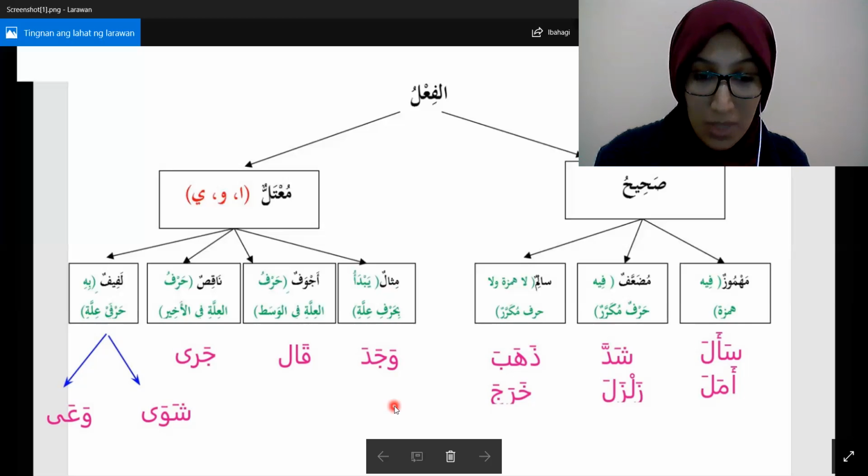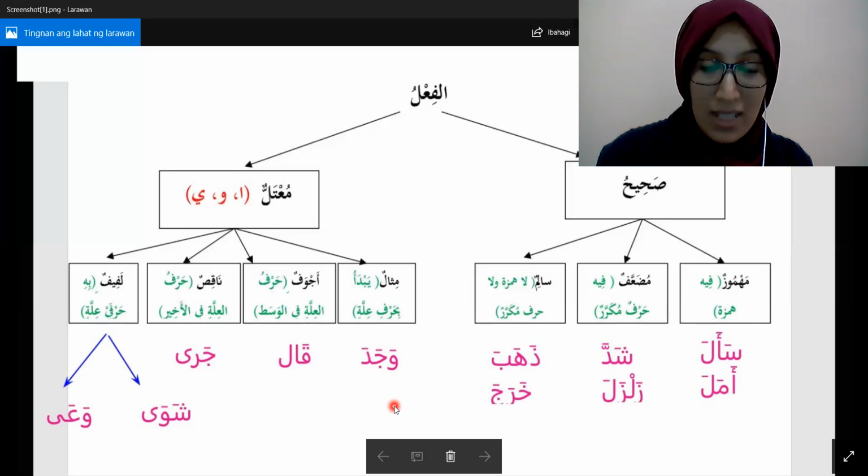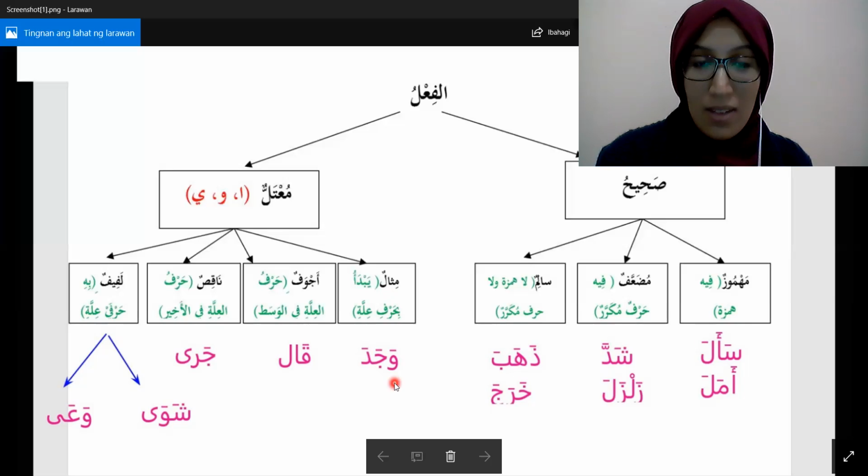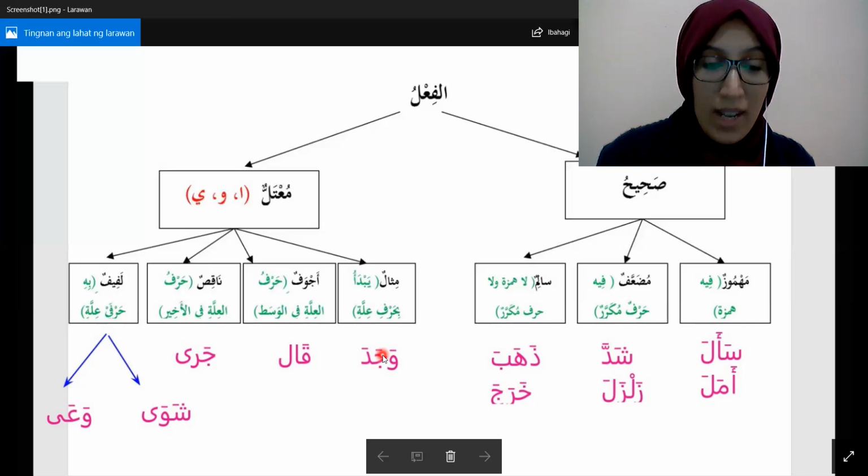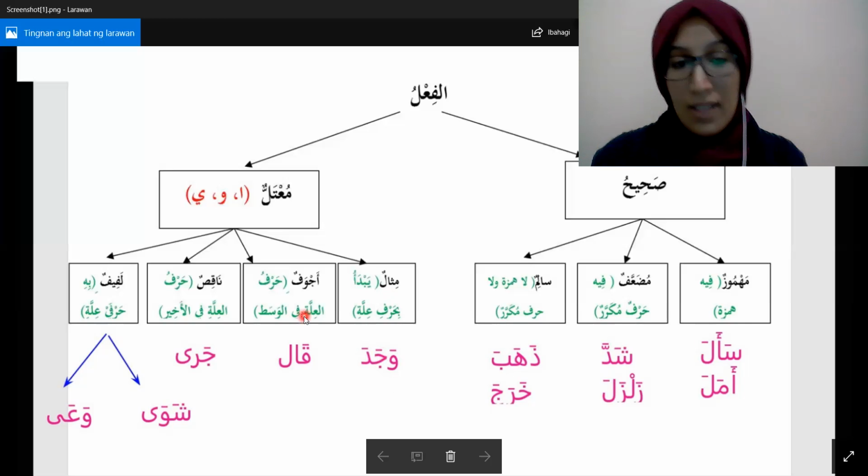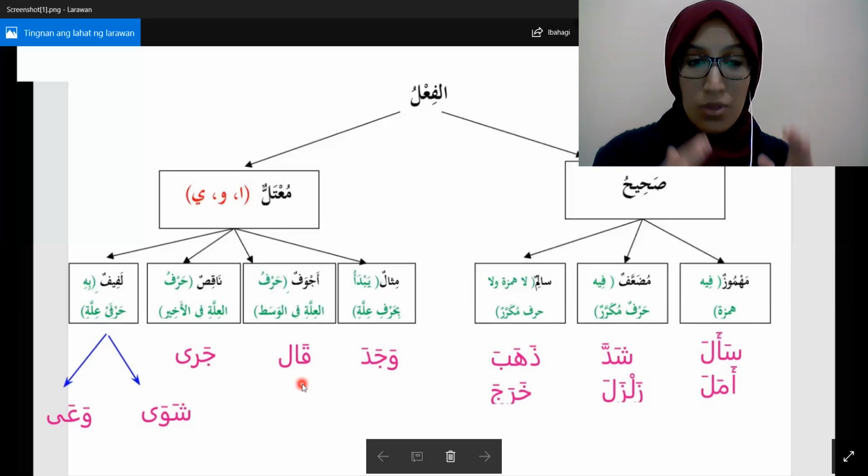So I have waw at the beginning, which means that I call it مثال. And all the verbs with حرف علة at the beginning, I call مثال. When I have my letter in the middle, I call it أجوف, like قال. I have alif in the middle, so قال, I classify it أجوف, معتل, of course, verb.